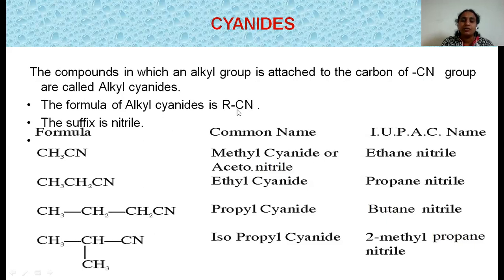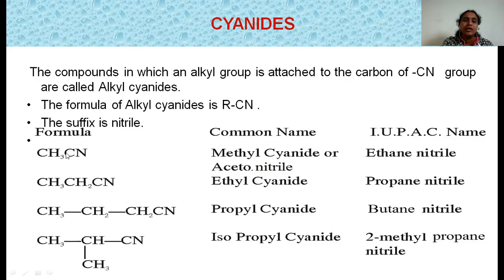According to the IUPAC nomenclature, whenever the cyanide group is present in the compound, we have to add the suffix nitrile. Generally, the common name of this compound is cyanide, whereas the IUPAC name is nitrile.